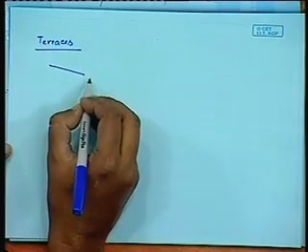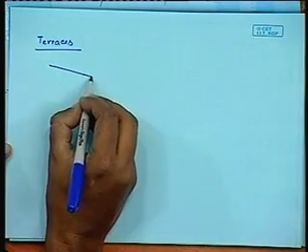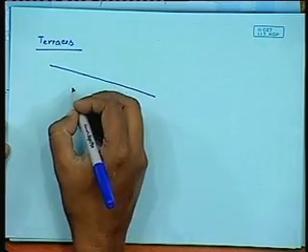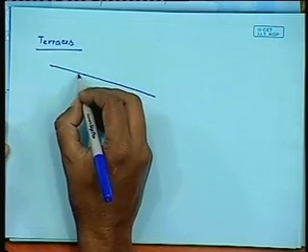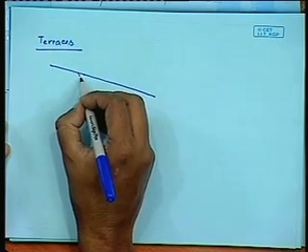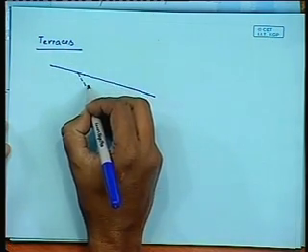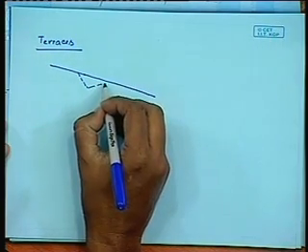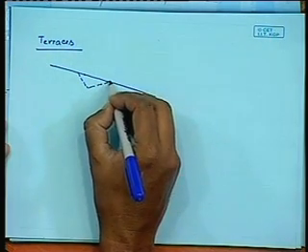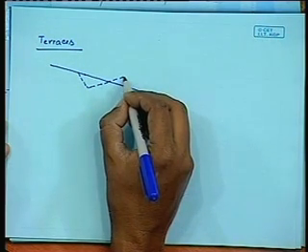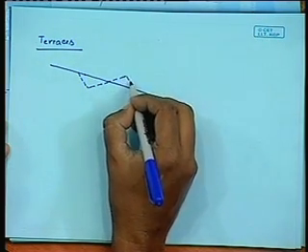Like this, if this is the slope area, the construction of the terrace is like this. This is the area that would be excavated, and this excavated material would be dumped here or stabilized here, like this.